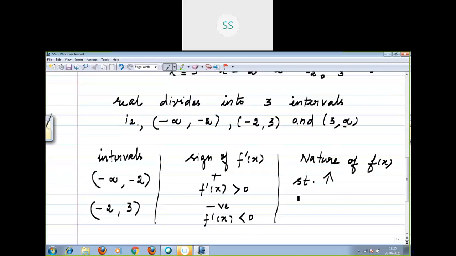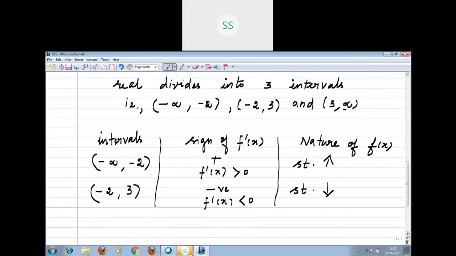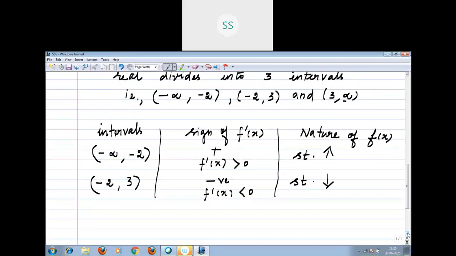If your derivative is less than 0, what is your conclusion? Yes, very good. Strictly decreasing. Now we'll pass on to the next interval, 3 to infinity. You can assign any value between 3 and infinity.